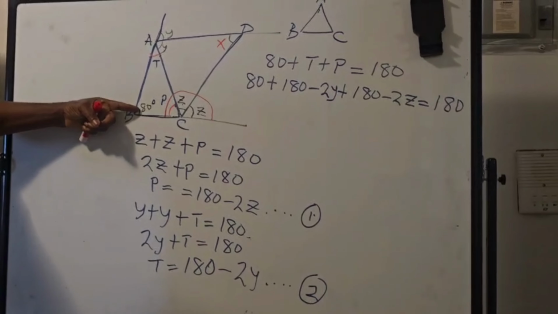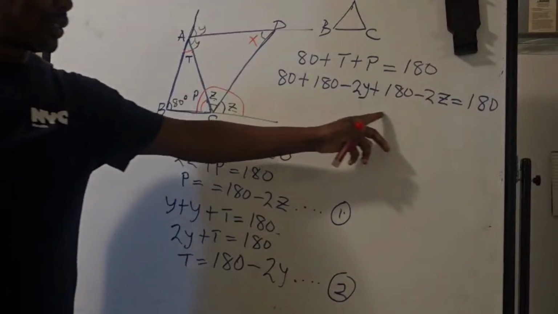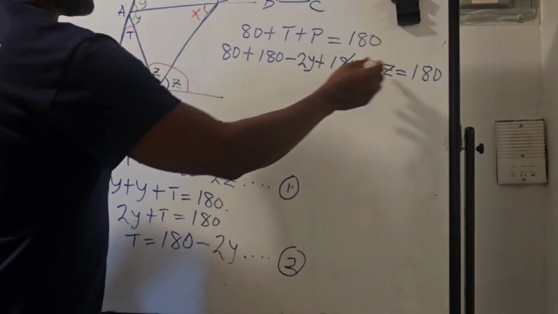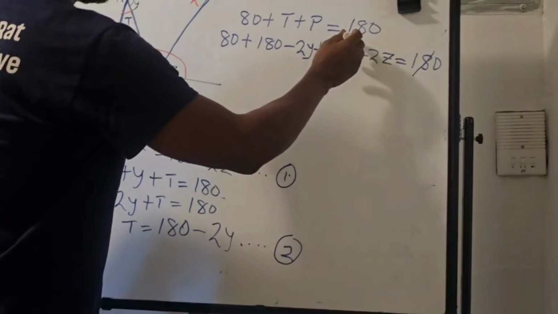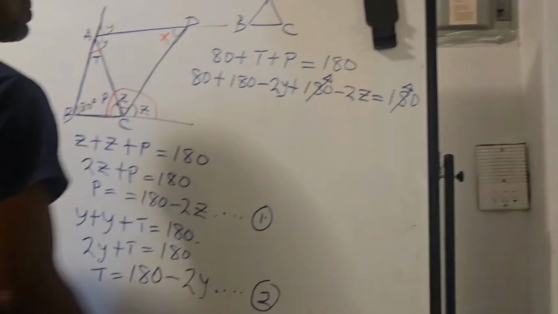So it's 80 plus T plus P. That is what we have here. So this 180 will cancel this 180. You know that? Because this coming over here will be equal to 0.